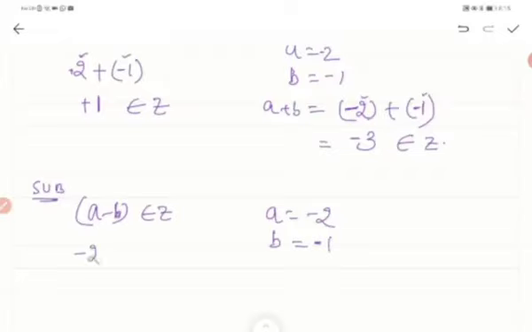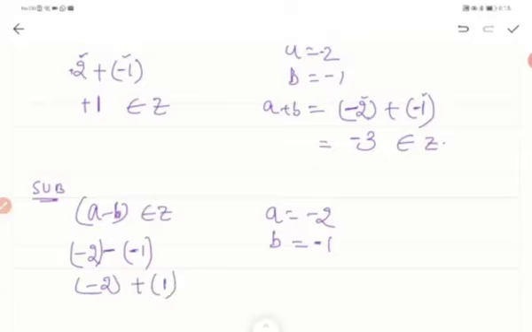Minus 2 is a, minus 1 is b. What is my output? This is minus 2 minus 1. If you have any doubt, I can convert this into plus. This is minus 2 plus the additive inverse of 1, which is minus 1.